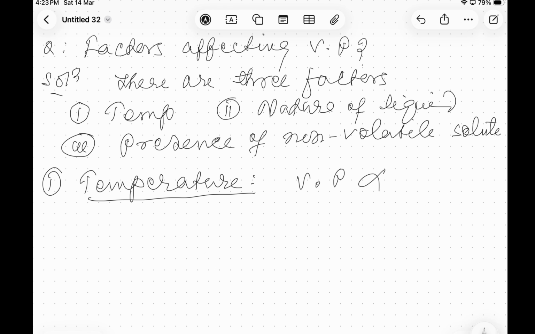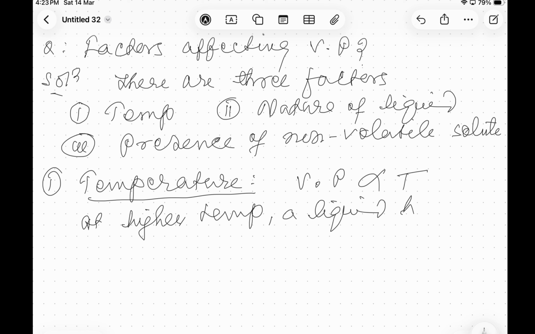Vapor pressure is directly proportional to the temperature. At higher temperature, a liquid has higher vapor pressure.